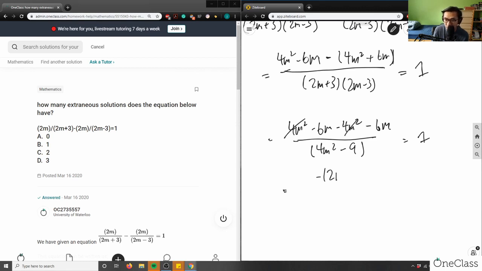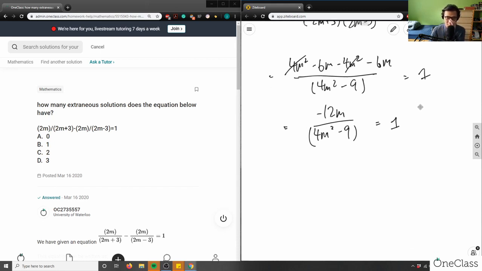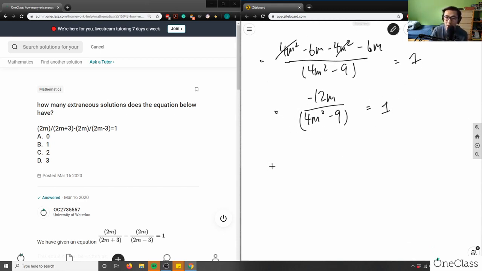So you have minus 12m divided by 4m squared minus 9, right? And that's going to be my equation here. So here equals 1. And then let's see, what else can I do with this variable here? I can simply multiply the denominator to the other side, right? I'm isolating my m here, right? So I have my negative 12m equals 1 times 4m squared minus 9.